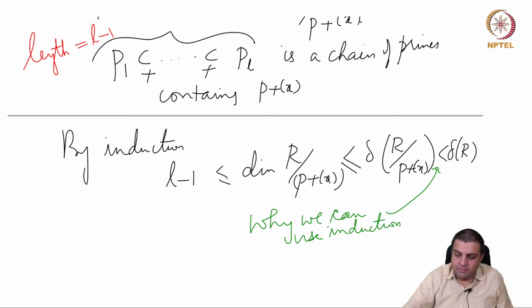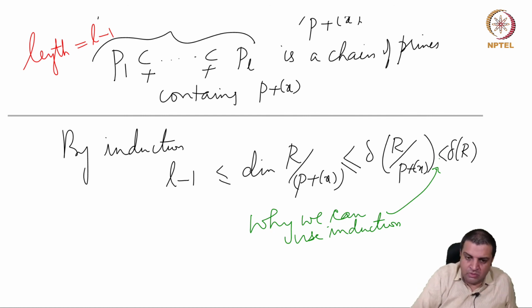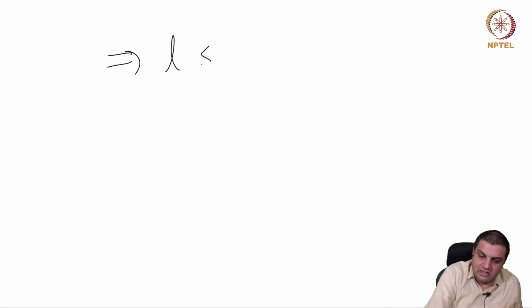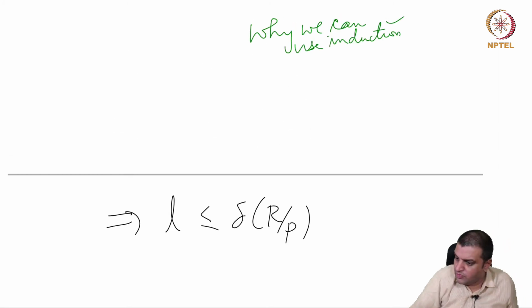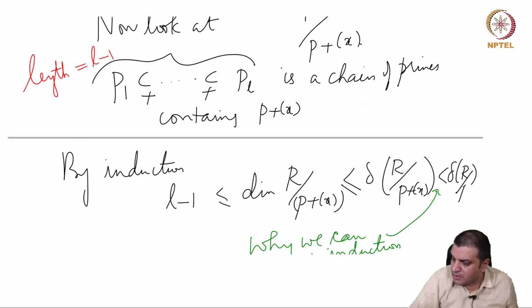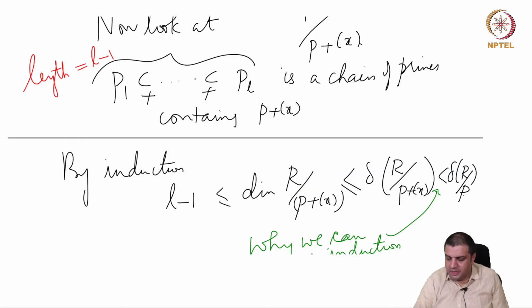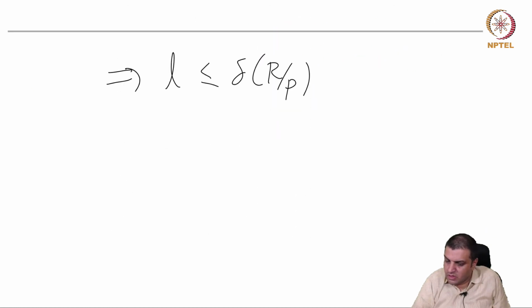So now, therefore, L is less than delta, but then we have to worry about the supremum of such L, and L is less than or equal to delta. Once you add 1 on both sides throughout, one would lose strictness, which is okay. So this implies that L is less than or equal to delta of R mod P. This is true for every L, therefore the supremum also.